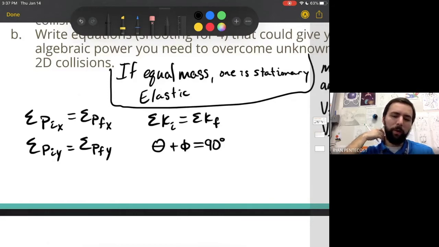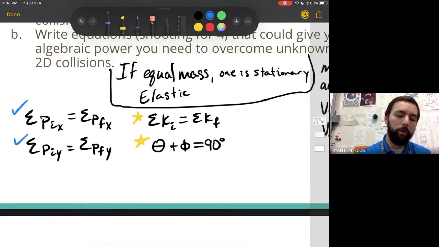This is, for example, like when you're playing pool, right? Assuming the balls have relatively similar mass, all of them should be stationary except for the one you're using, the cue ball, and then they are understood to be, for the most part, elastic collisions. So these two are kind of conditional, but these two are for everyone.